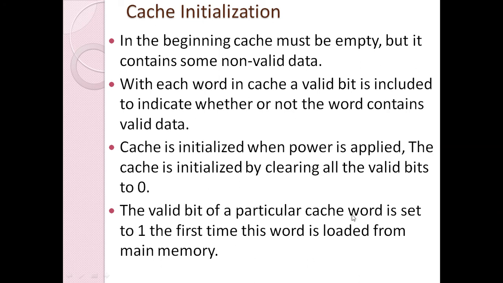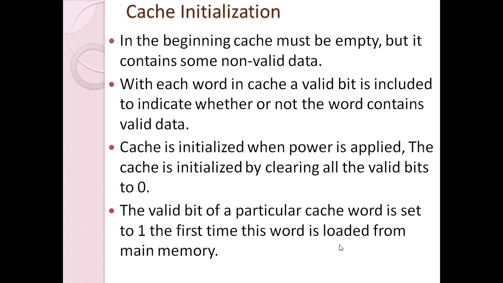The valid bit of a particular cache word is set to 1 the first time this word is loaded from main memory. Whenever we bring some data from main memory to cache memory, we set the corresponding valid bit to 1. That will show that this is valid data.